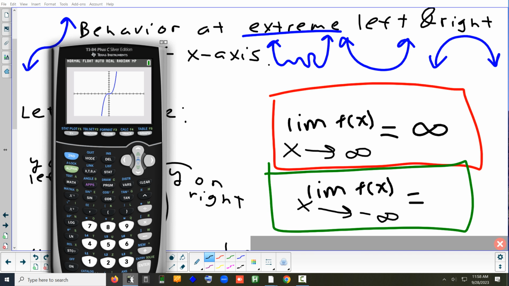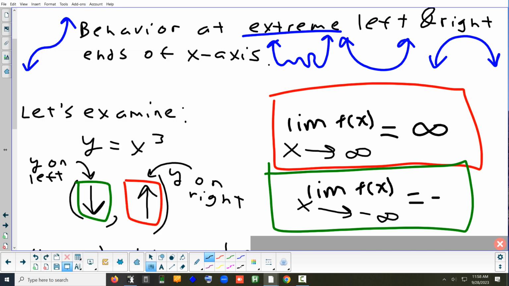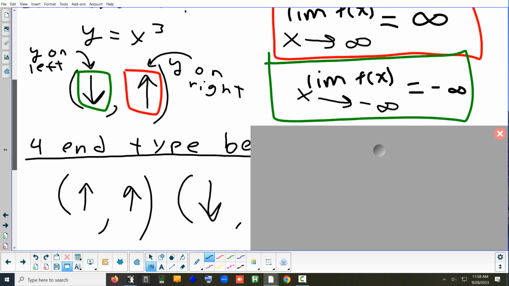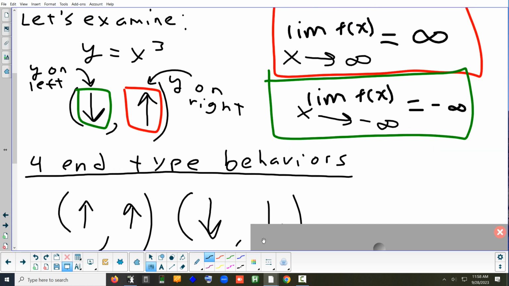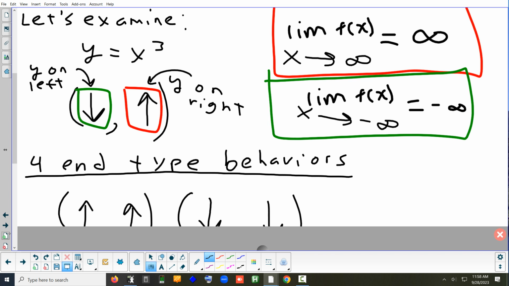It's reaching negative infinity. Both ways are fun to describe end behavior. The limit notation is something you will use more in calculus. Drawing arrows that point up and down, nobody really does that a lot, but it's at least simple to understand. That's why I showed it to you first.